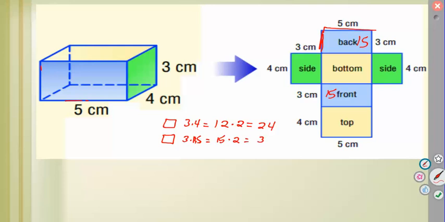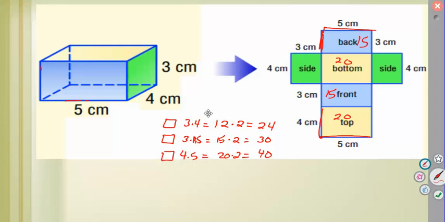And I get 30. And then the last one that I have not used is the pink one up here. That is 4 by 5. So 4 times 5 is 20. But remember, I have 2 of them. One's here and one is here. So multiply it by 2, and then I have 40.